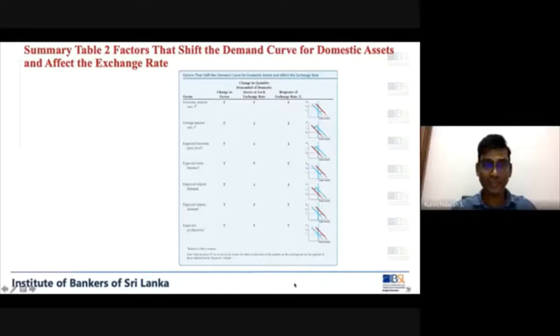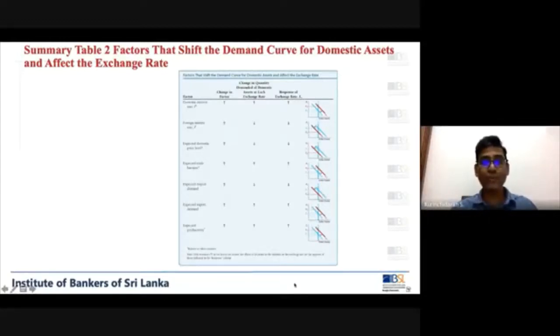Okay, and the other factor, expected import demand. When I'm talking about expectation, continuously, if you expect that, what will happen to the exchange rate today? That's our question now.